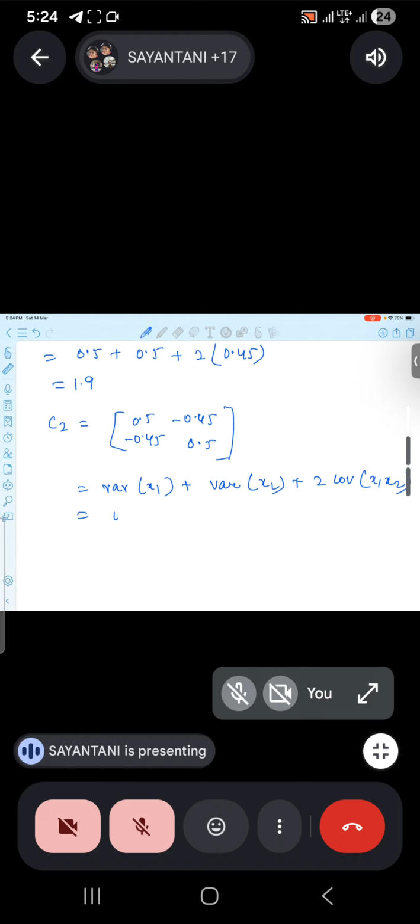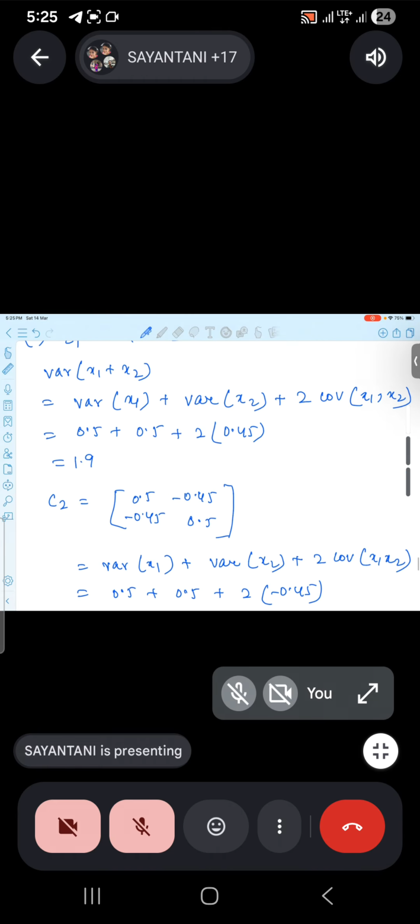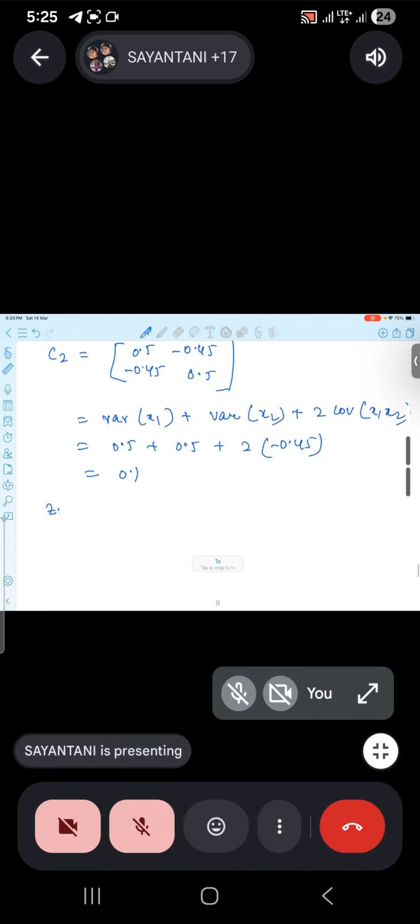So over here also we can understand the variances are same, but the covariance is different. And this answer is 0.1. That means this equation z1 is equal to x1 plus x2. What is this indicating?